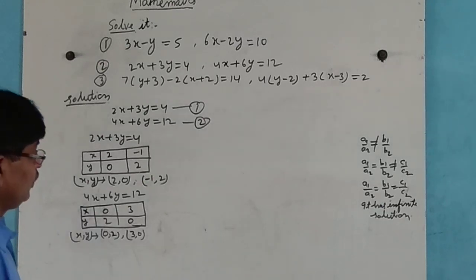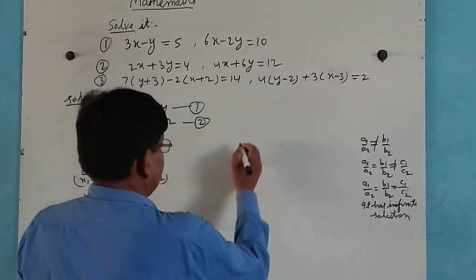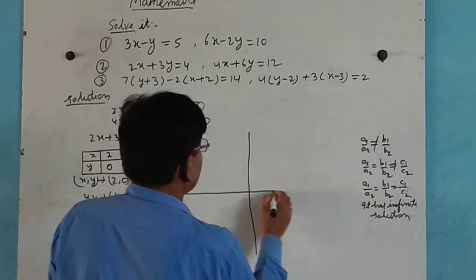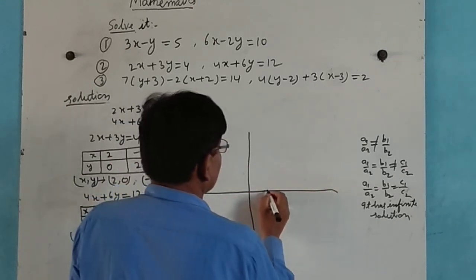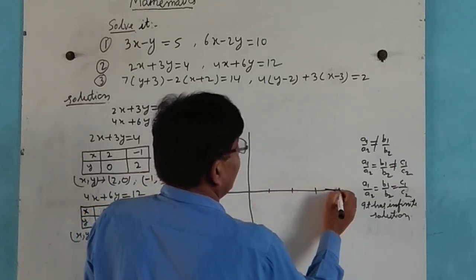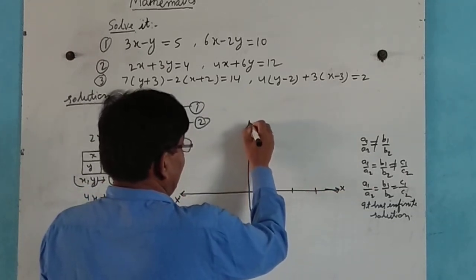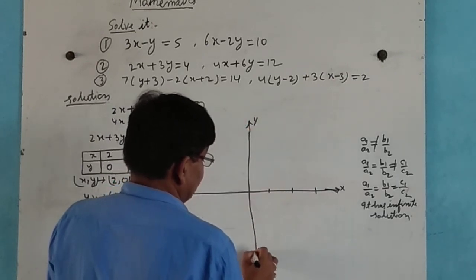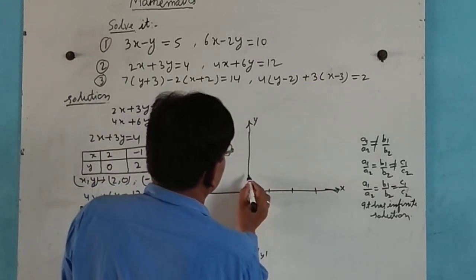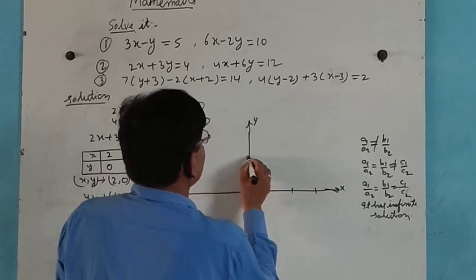Now, we plot this on the graph paper. On the graph paper, we get the x axis and y axis. This is the origin, and we take the points at equal distance.